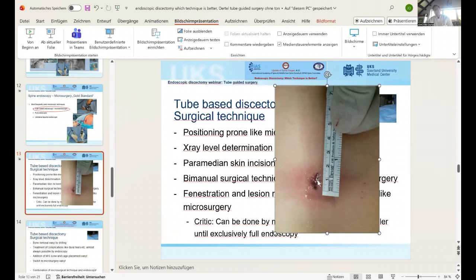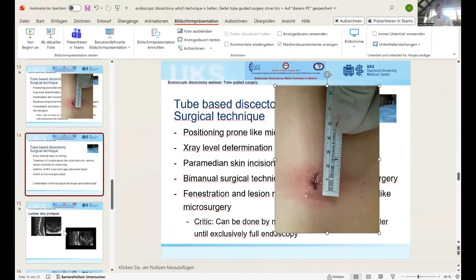It's about 1 centimeter skin incision where we perform these tube-based procedures. And I cannot do this with a microscope because you just have no corridor. You just have no space to look through the tube. So you need the endoscope at the tip in the target area.